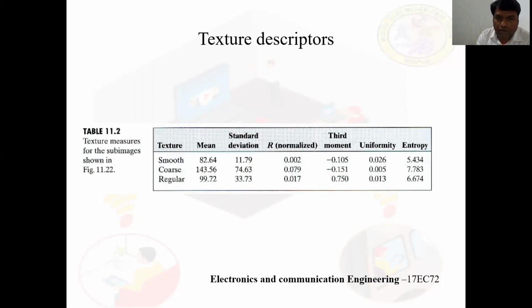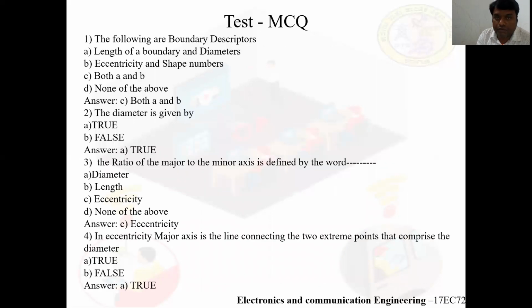Coarse: mean 143.56, standard deviation 74.63, normalized R 0.079, third moment -0.151, uniformity 0.005, entropy 7.783. Regular: mean 99.72, standard deviation 33.73, normalized R 0.017, third moment 0.750, uniformity 0.013, entropy 6.674.